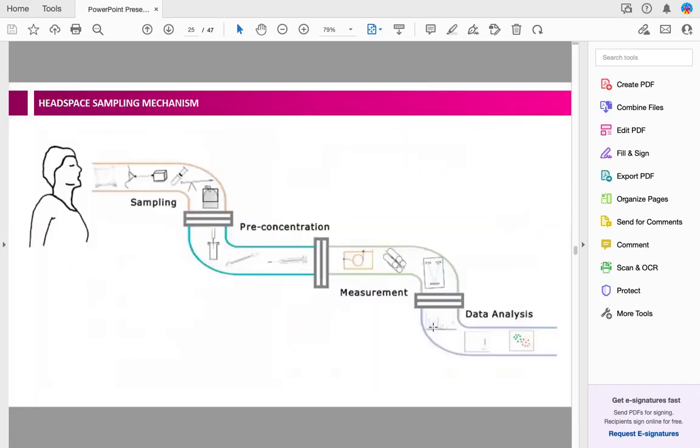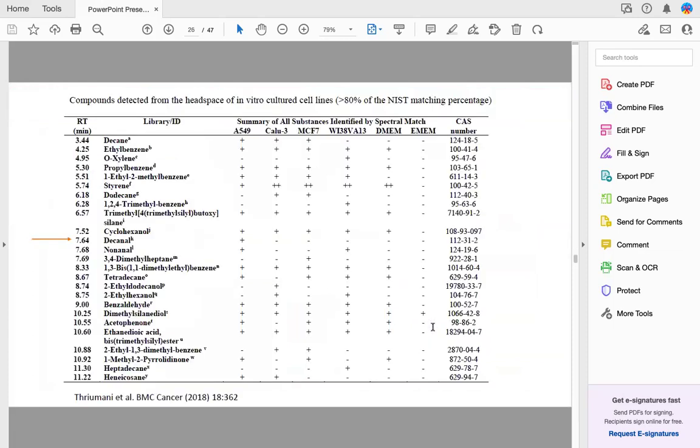Okay, let me give you an example. This is an example from cultured cell lines. So these are all chemicals from cultured cell lines, which is related to cancer.